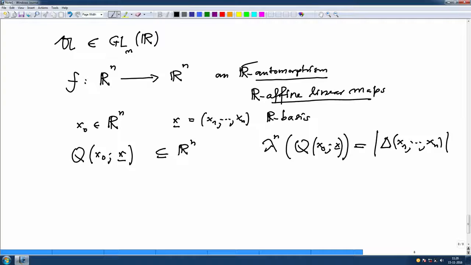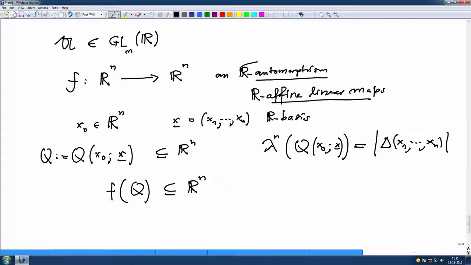Okay. Now, what do we do? I apply f to this parallelotope, let us call it Q. So f is an automorphism from Rn to Rn. If I look at the image of Q under f, that is f(Q), this is a subset of Rn.